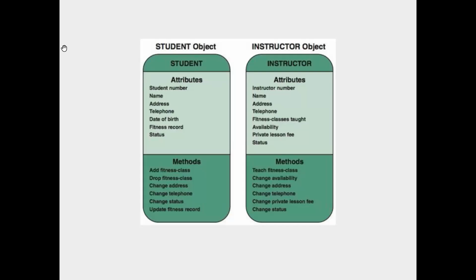So now let's compare two things together. On one side we have a student object, and on the other side we have an instructor object. Then we have a set of attributes. For student, we have student number. Then for the instructor object, you can see we have a different set of attributes.